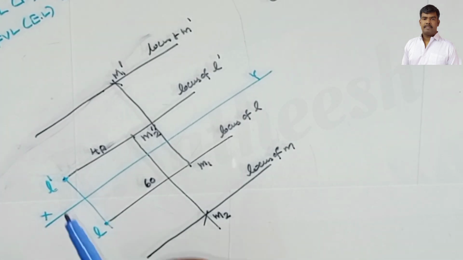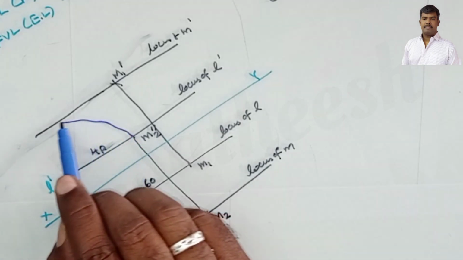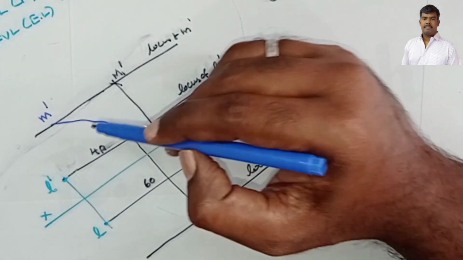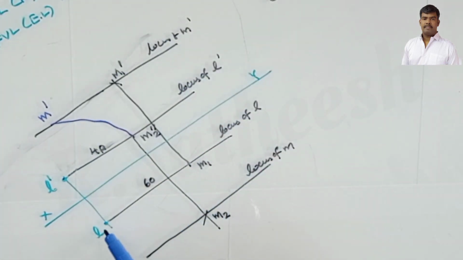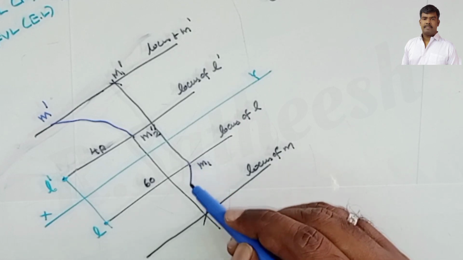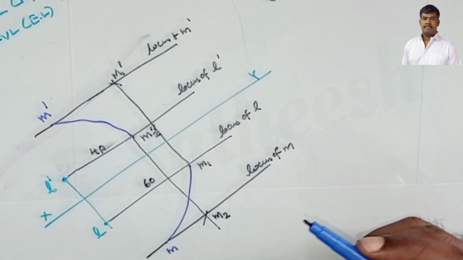L dash M2 dash is a distance of 40, so you draw one arc; this is finally M dash. Clear? L M1 is the radius with L as the center, you draw one arc. This is the final M. Correct?